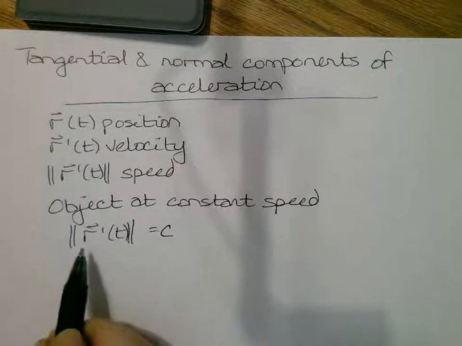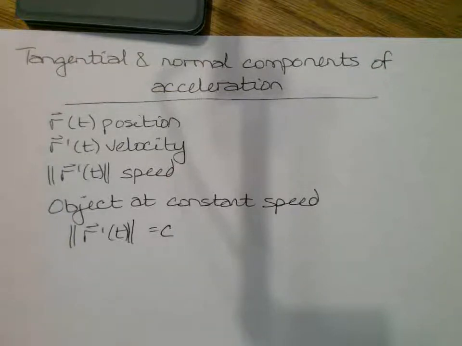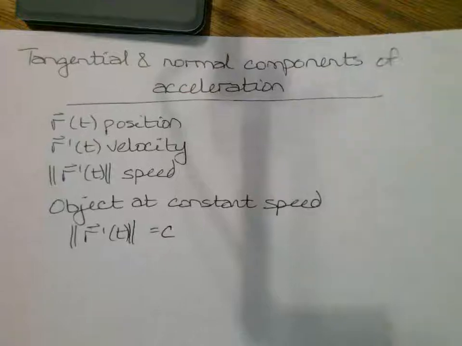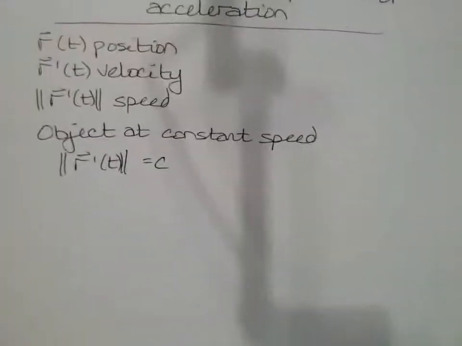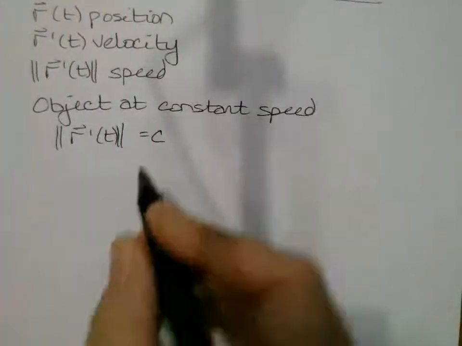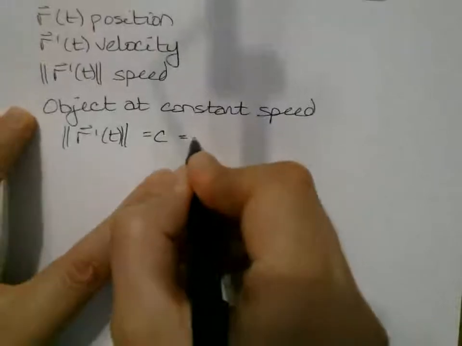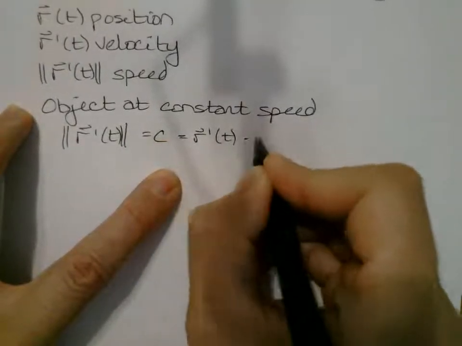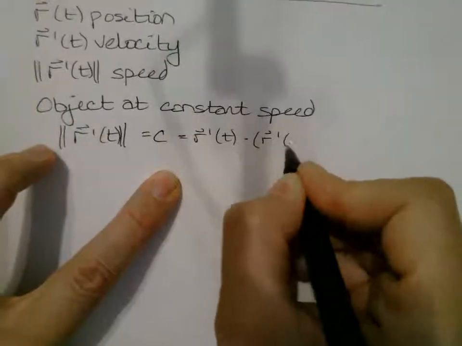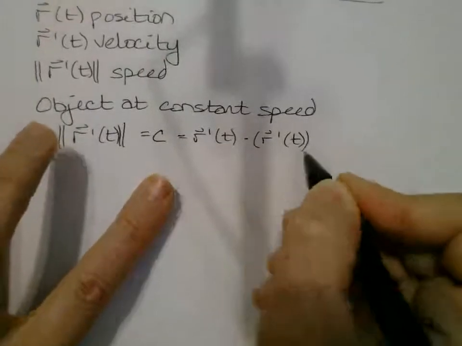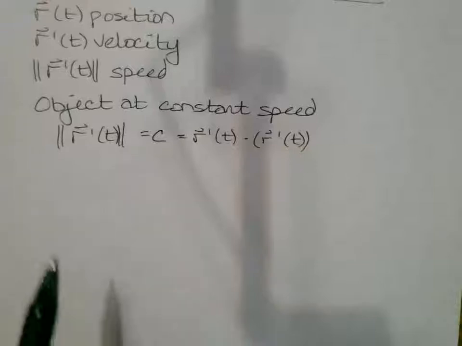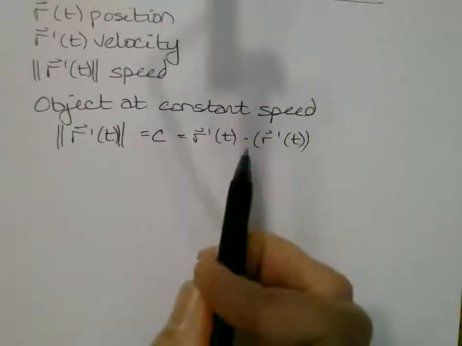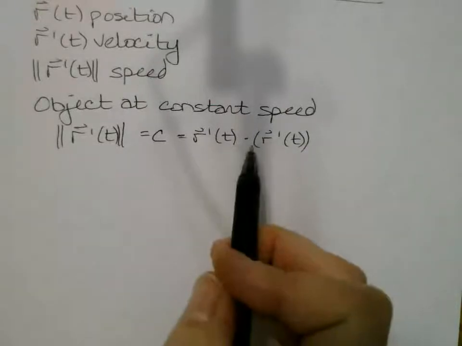Something that we know about a magnitude of a vector is equal to its dot product with itself. Now I want to take a derivative, both sides here.